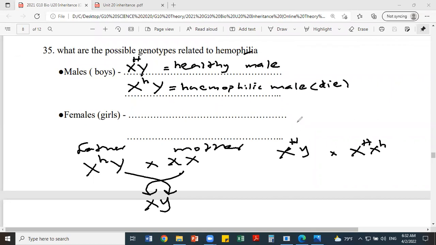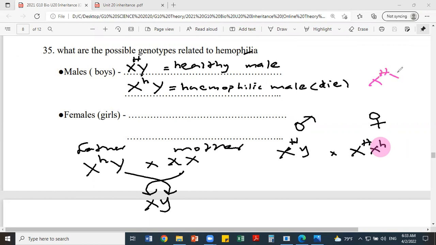The father does not have the disease, and the mother also does not have the disease, but she has a hidden simple h. This is the danger. Can you look at her and tell whether she is capital H capital H or capital H simple h? You can't look at a girl and tell whether she is a carrier or a healthy girl. A normal girl means both capital H.